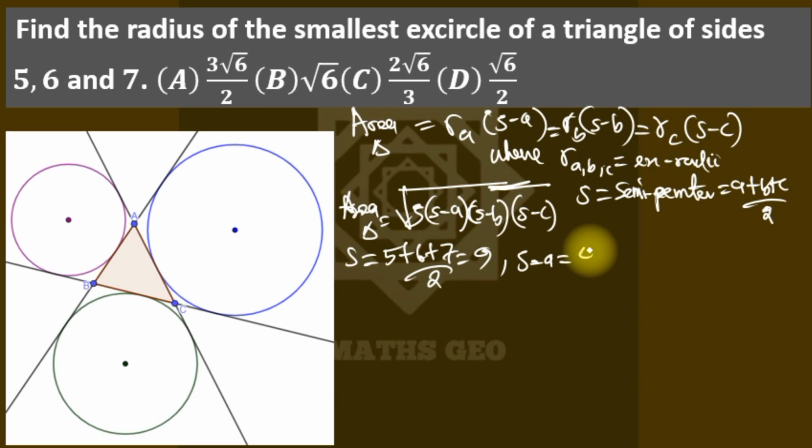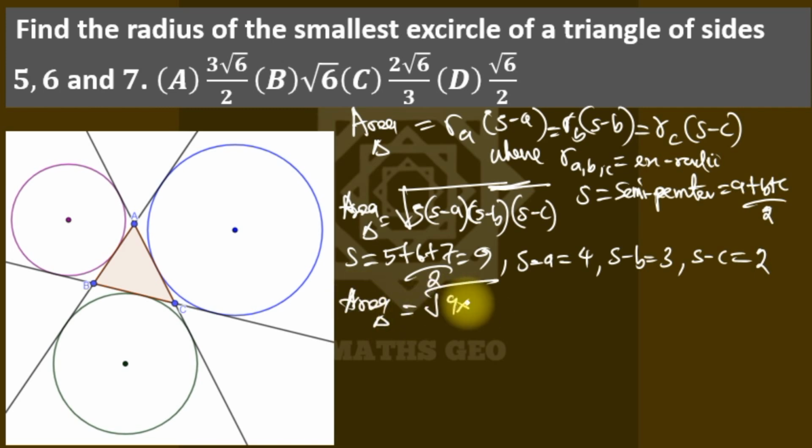S minus B is 9 minus 6, which is 3. And S minus C is 9 minus 7, which is 2. Therefore, the area of the triangle is the square root of 9 times 4 times 3 times 2. 9 has a perfect square root, 4 has, so 3 times 2 is 6, and I have 6 root 6.